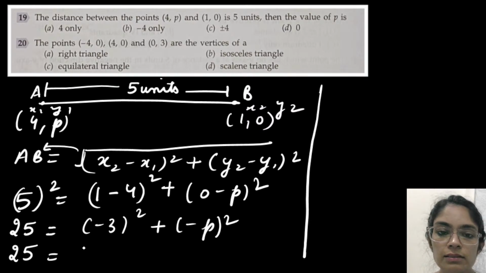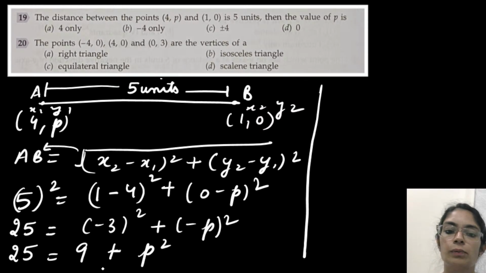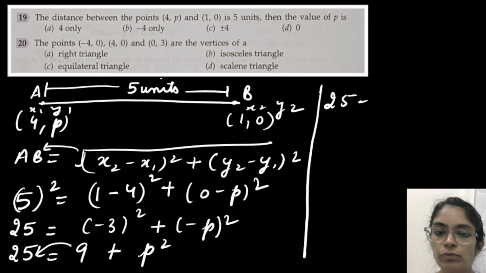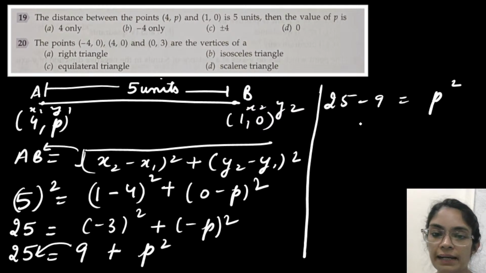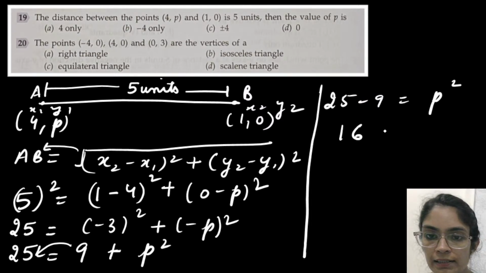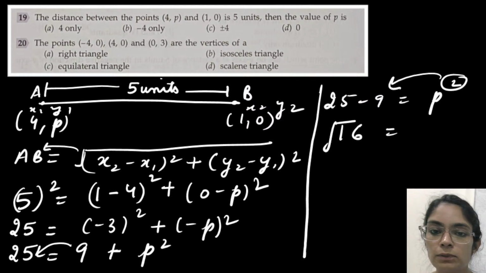So minus 3 whole square is 9. Plus minus p square is p square. 9 will shift to the other side. So 25 minus 9 is equal to p square. What is 25 minus 9? It is 16. When we shift the square to the other side, it will become square root.